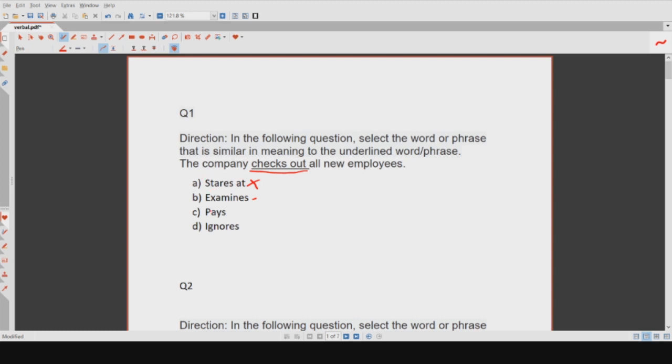The company pays all new employees, but pays is not at all similar to checks out, so this option will be eliminated. Next, the company ignores all new employees. No, it doesn't make any sense. So we are left with examines, and that is the correct answer. So B, examines, is the correct answer.